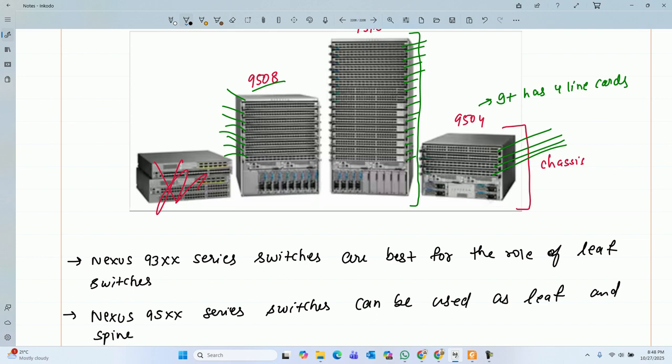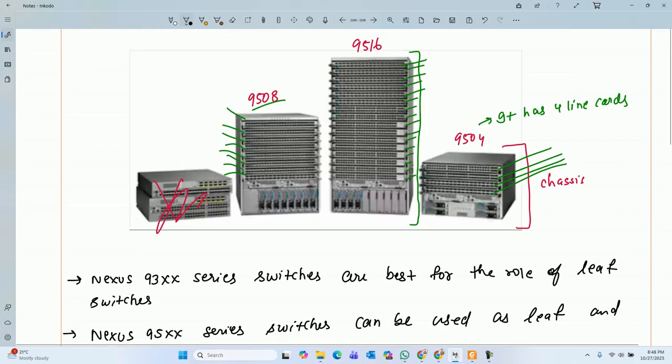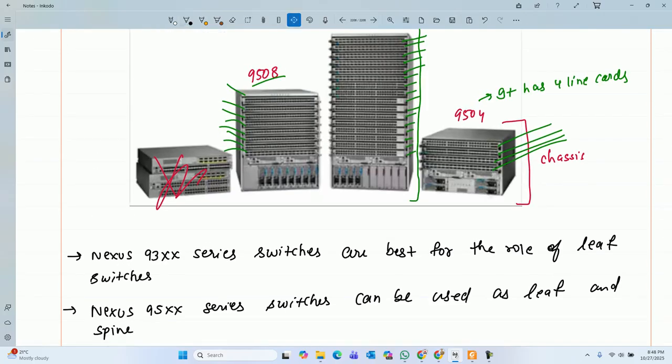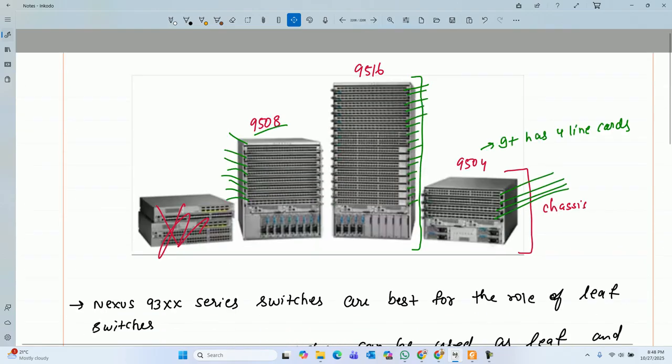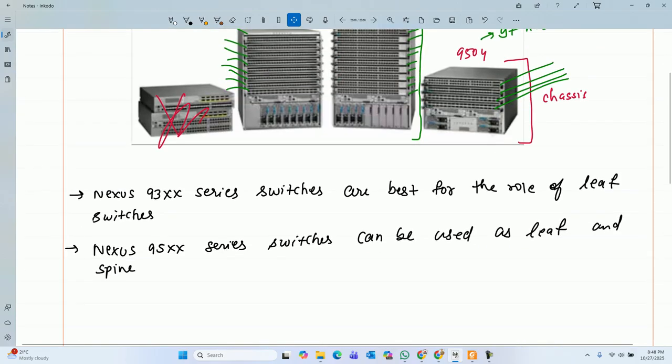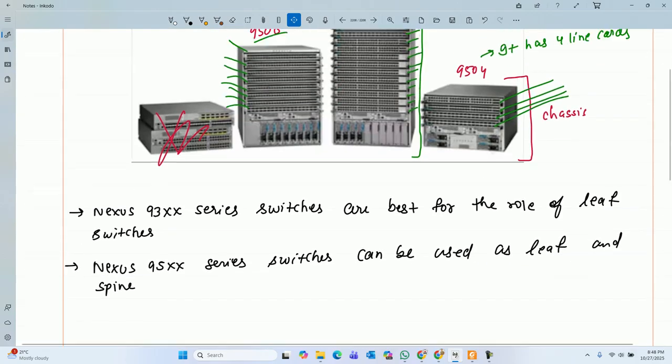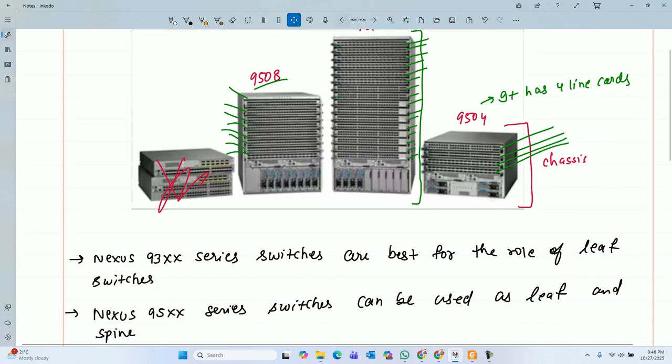It totally depends on the size of the network, but you can use them for spine role as well as leaf role.